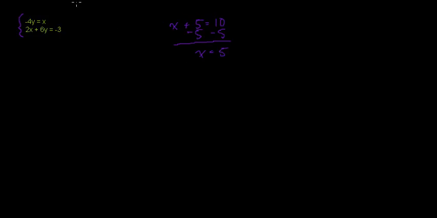Well, the substitution method is basically the same thing, and in the first equation it's pretty much all solved out for us. x is equal to negative 4y.